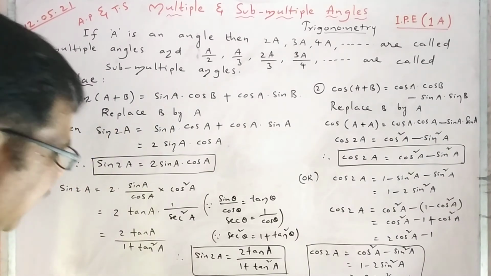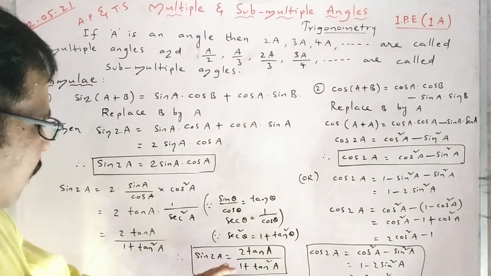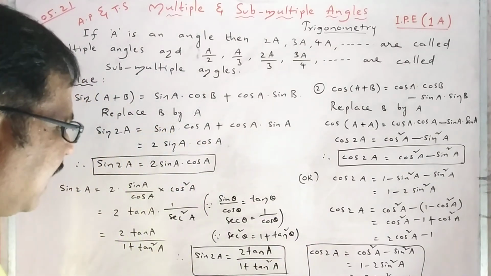Very important formulae. Right? We got sin 2A in terms of tan A. Similarly for cos 2A also we have. Right? I will tell you.